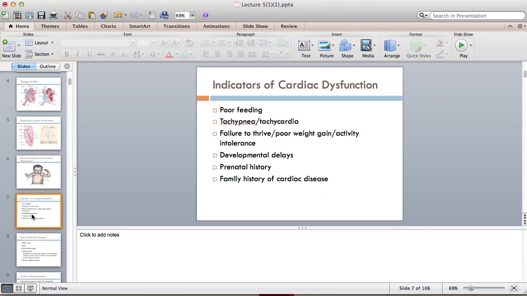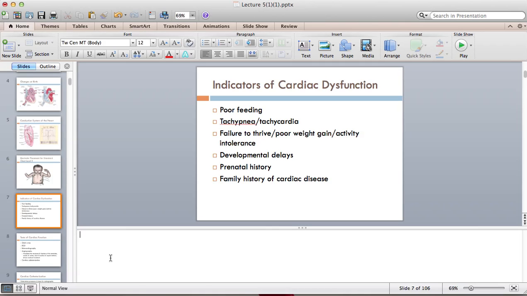So, having said that and having done that quick review, we need to look at indicators for cardiac dysfunction in a child, because these are the things that you would like to know ahead of time. That way you'll be able to care for your child. One of the initial things that you will notice will be that the child is not feeding well.